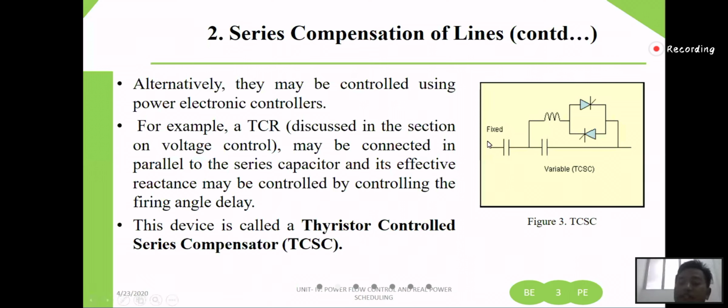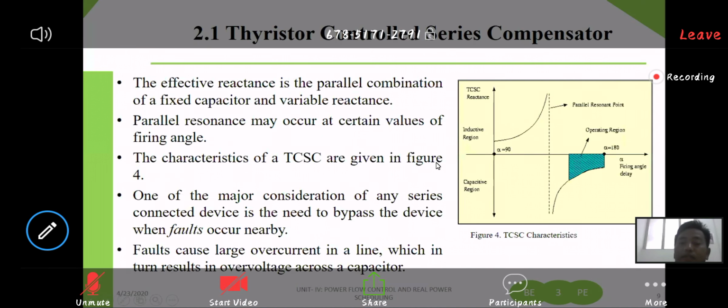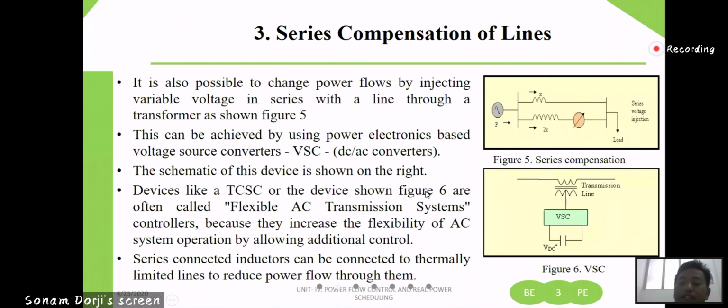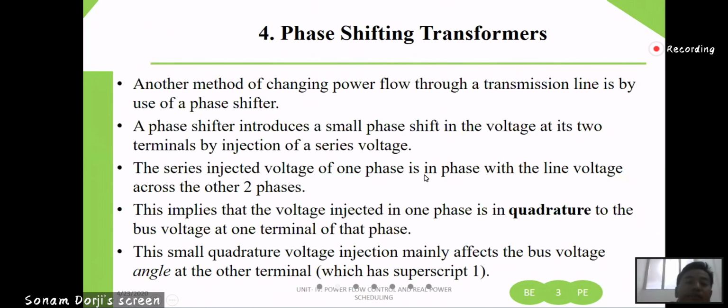So now here we have learned how we will control the power flow. Another method we have seen is using DC to AC converters like VSC. This all we have completed. So today we'll see the phase shifting transformer.